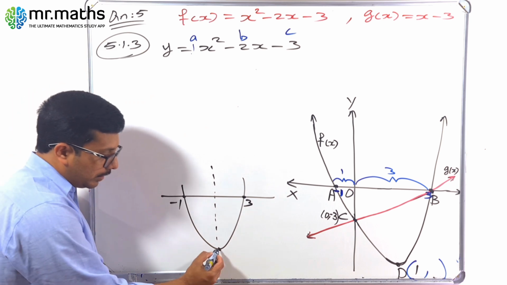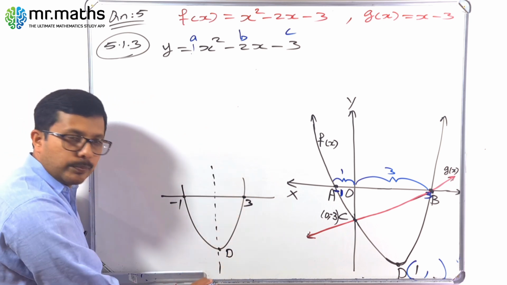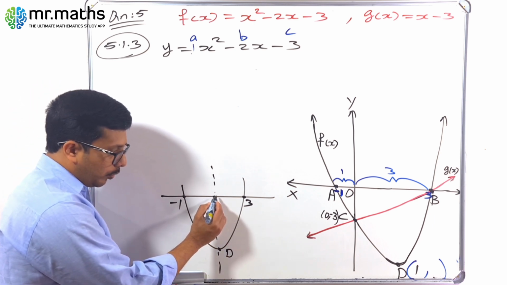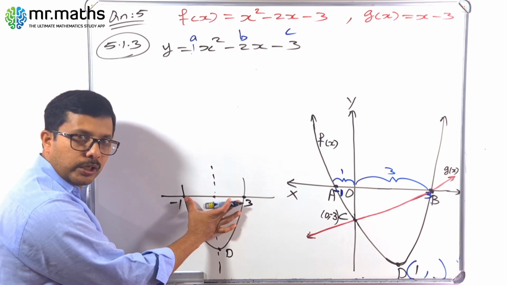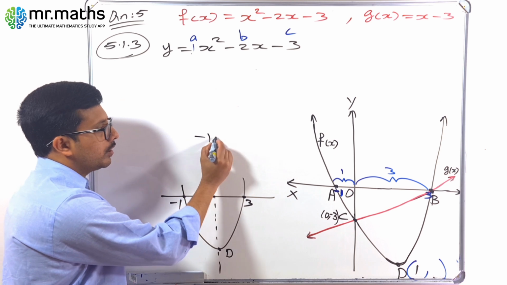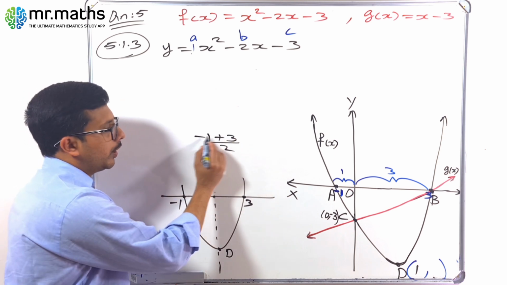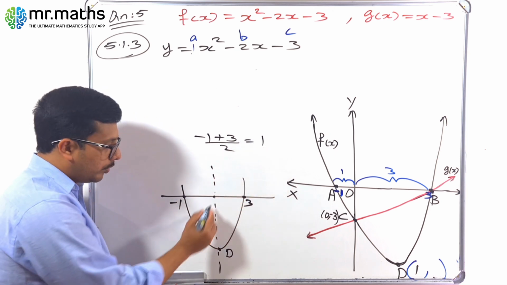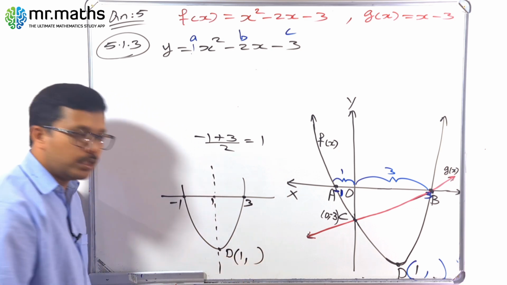The axis of symmetry passes through the turning point, and through the middle of these 2 points. So here it is minus 1, here it is 3. What you have to do is minus 1 plus 3 divided by 2. Minus 1 plus 3 is 2, and 2 by 2 is 1. So at this point the x value is 1.